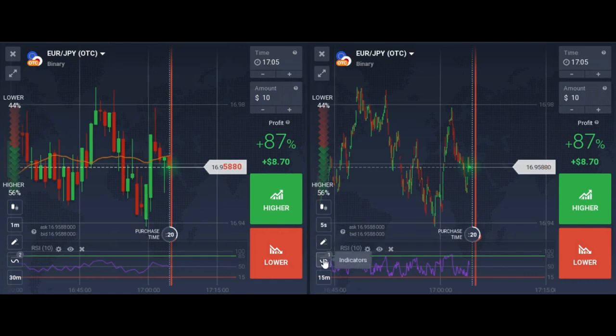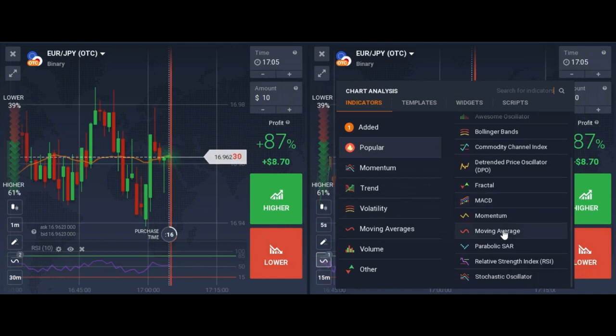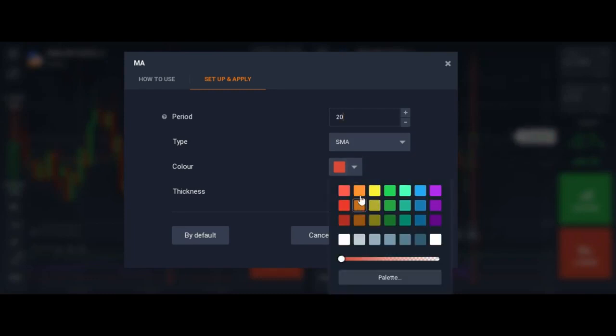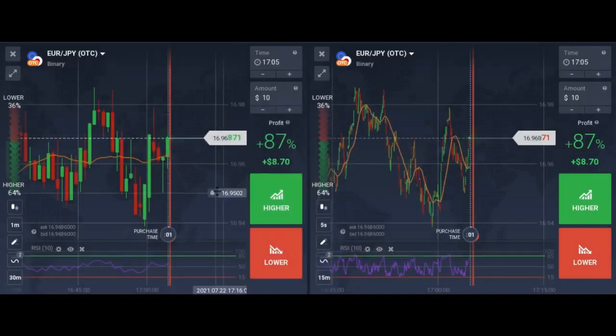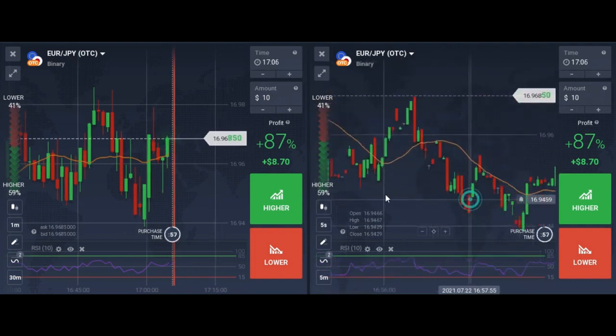We add another equal moving average on the second chart. Period 20. In type we put SMA and orange color. The only difference in the chart is the timing of the candles.